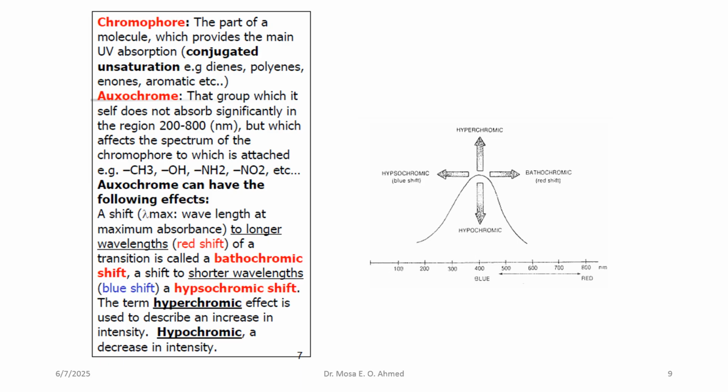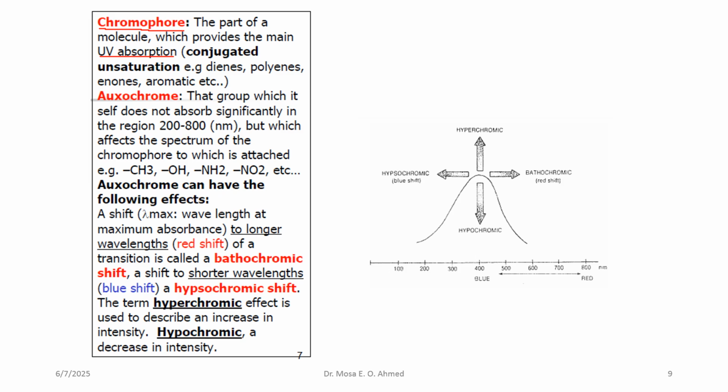Also, in principle, for UV visible spectroscopy, each compound which can be detected by a UV visible spectrometer should have a chromophore. Chromophore means the part of the molecule that provides the main UV absorption, and it coincides with the lambda max.